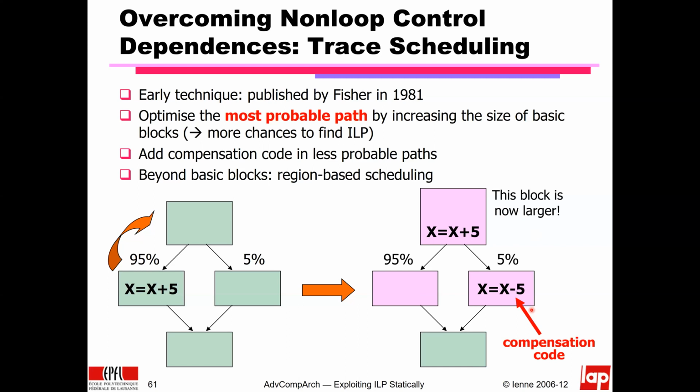Where do I get the 95% and the 5%? Here is one of the things that are typical of VLIW compilers, and maybe also what people don't like about them: I need profiling. There is nothing else I can do than have this information at compile time. Who can give it to me? Maybe the user, but it seems unlikely that the user wants to give this information, and it's not even sure the user has it.